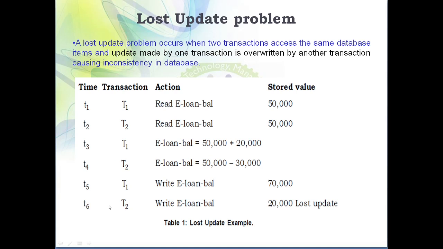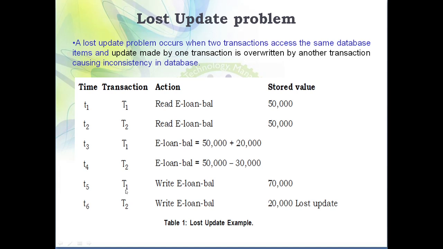That's why in the final write operation made by T2 we see 20,000, but actually what we required is 40,000. So this is a lost update, where the update made by T1 is overwritten by transaction T2. That's why finally we got a wrong value.